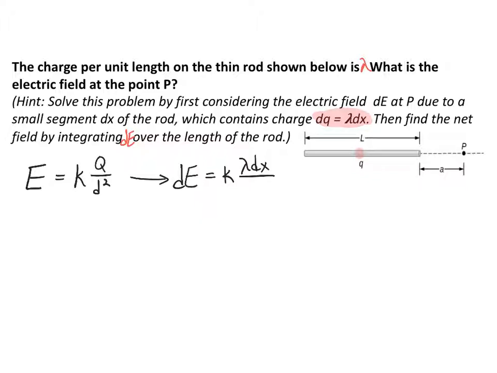So we have to sort of think of this distance as x, all right? We'll just call that x. And so if I'm going to do it at this point P out here, I have a distance of x plus a. That's what's squared.